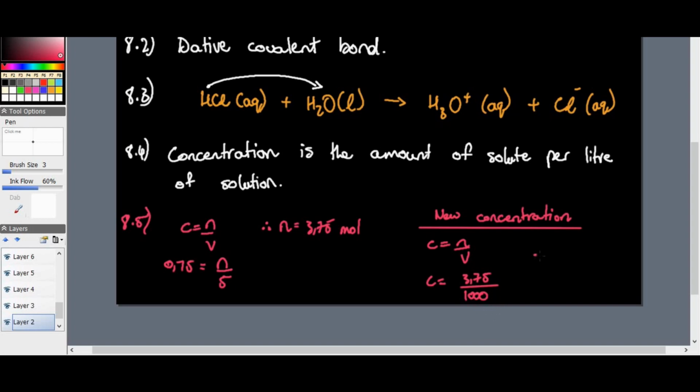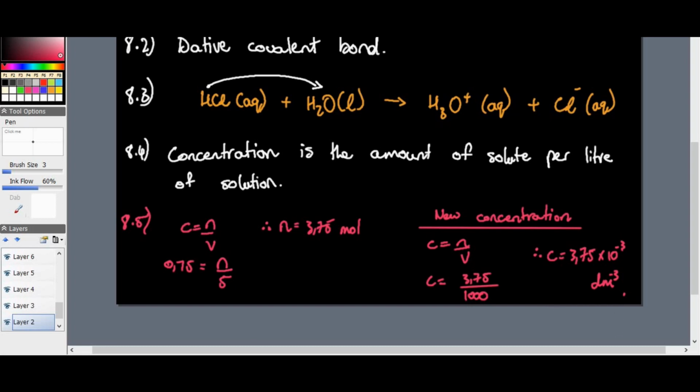Therefore, the concentration of the acid after it's spilled into the pond is now 3.75 times 10 to the power of negative 3 mol per decimeter cubed. And that's 8.5.